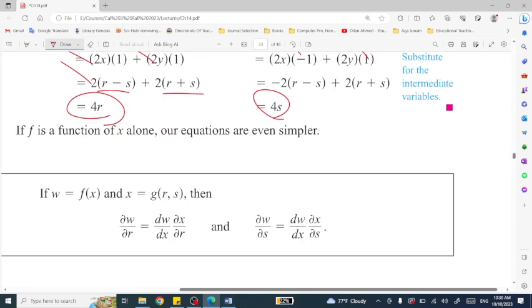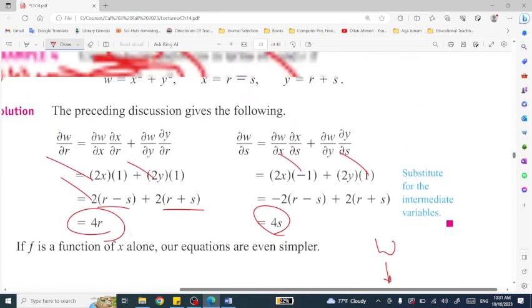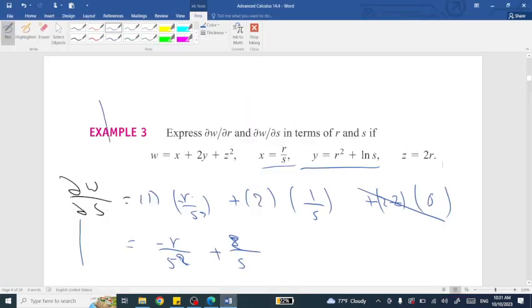Now, how about that part? It is easier, a more special case. W only depends on what? On X. But X depends on R and S. So in here, what do you think? Can you write the rule by yourself? Let me write it for you again. Don't look at it, please.